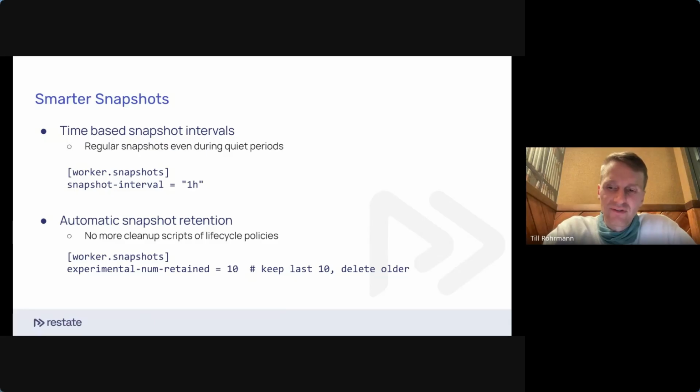If you configured the snapshot interval too small, then with Restate 1.5 and before, you could easily end up with many snapshots on your S3, and now also Azure Blob Store and Google Cloud Storage, using up space, whereas only the latest snapshot was relevant for Restate to recover.